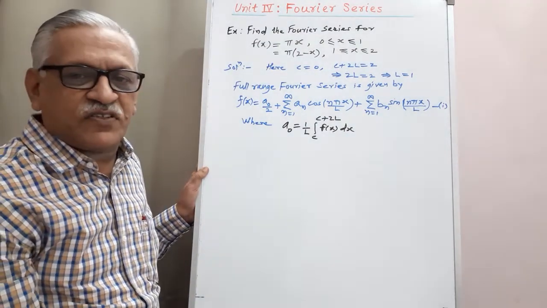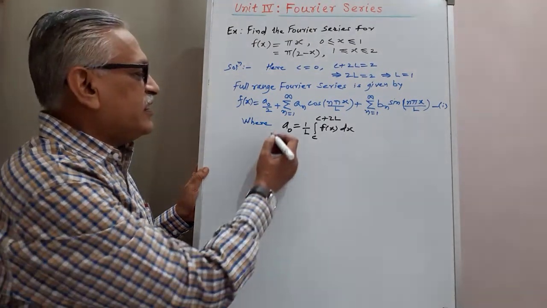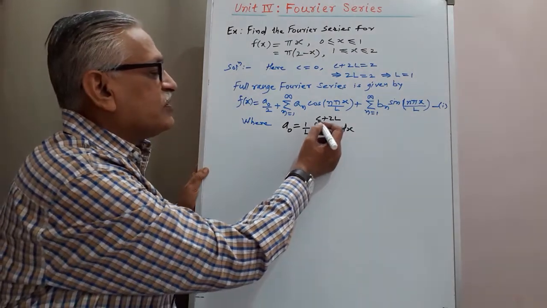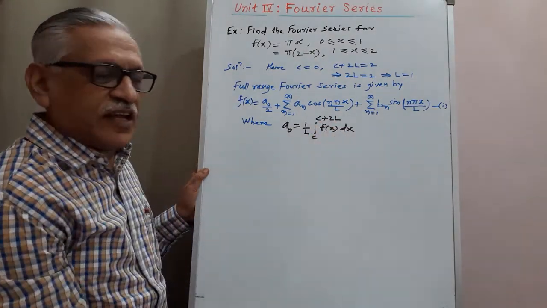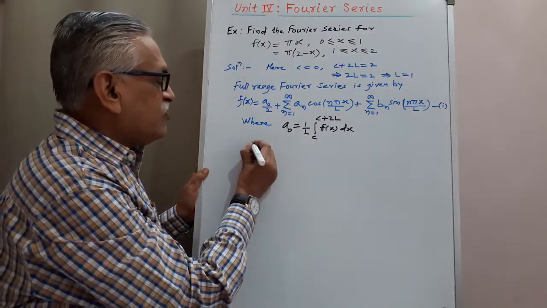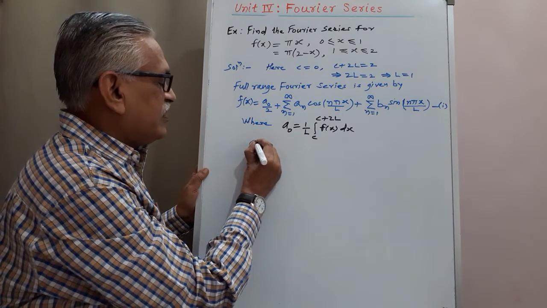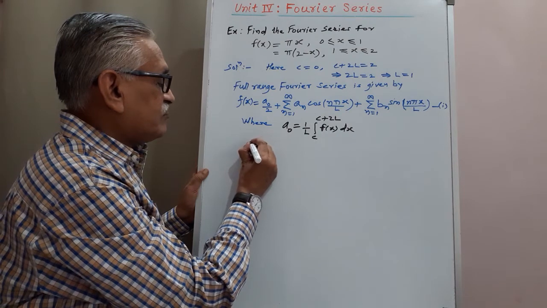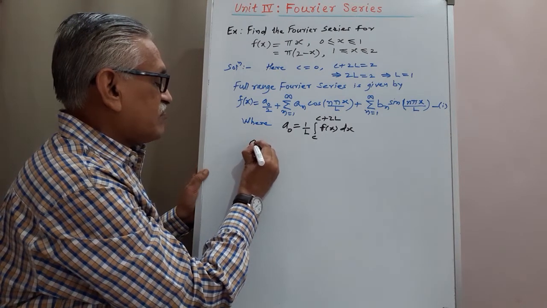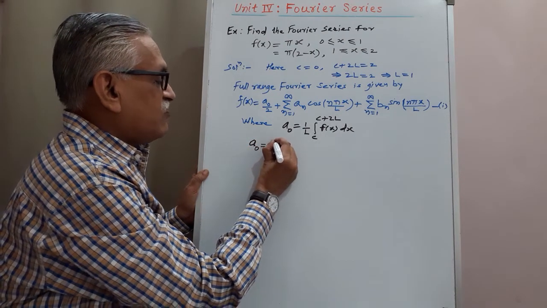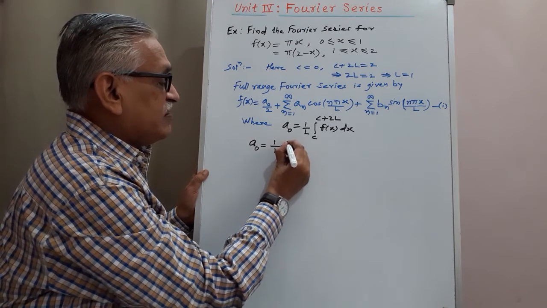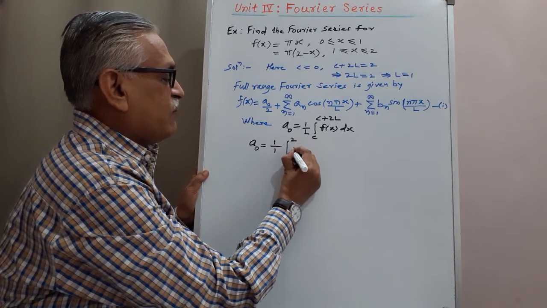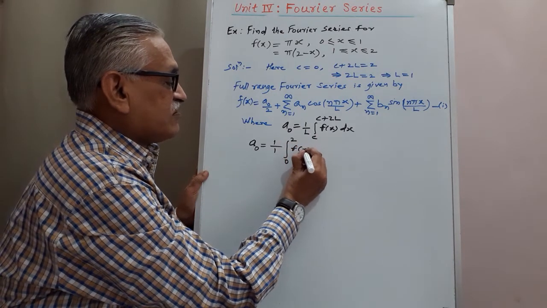We call this equation 1, where a0 is given by 1 by L integral from c to c plus 2L of f of x dx, and therefore substituting the values we get a0 equals 1 by 1 integration from 0 to 2 of f of x dx.